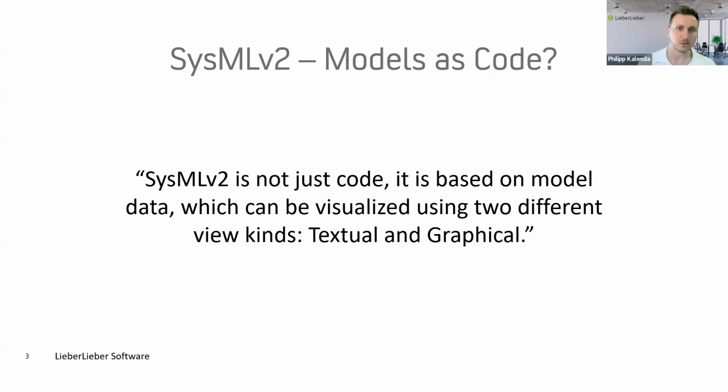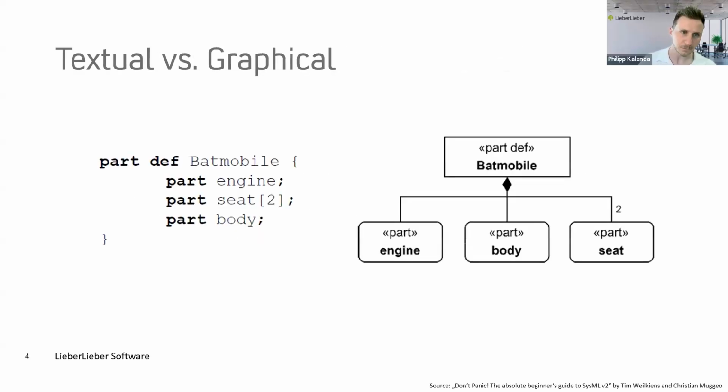So basically, SysML v2 is not just code. It's based on a model repository, which can be visualized in two different view kinds, textual and graphical. So taking one model, this Batmobile, which consists of an engine, a body, and a seat part, actually two seat parts, we have these representations, the textual representation on the left, the graphical representation on the right, and both represent the same model, but they use a different viewpoint to access and visualize the underlying model.